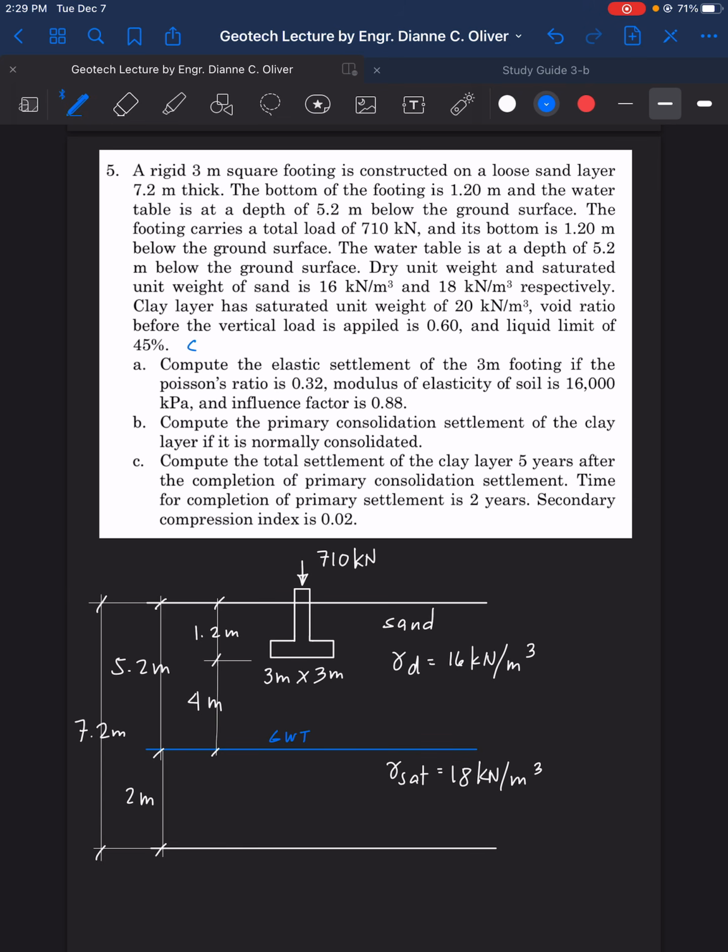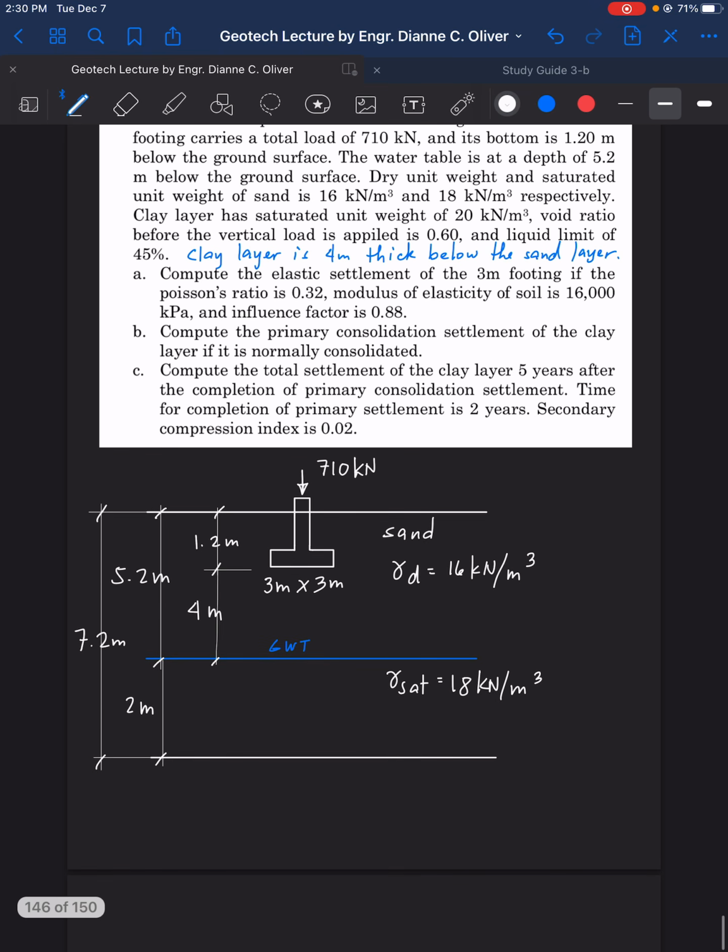Clay layer is 4 meter thick below the sand layer. Okay. So we have our clay layer, 4 meters. So this is our sand, then this is our clay. And it's 4 meters.